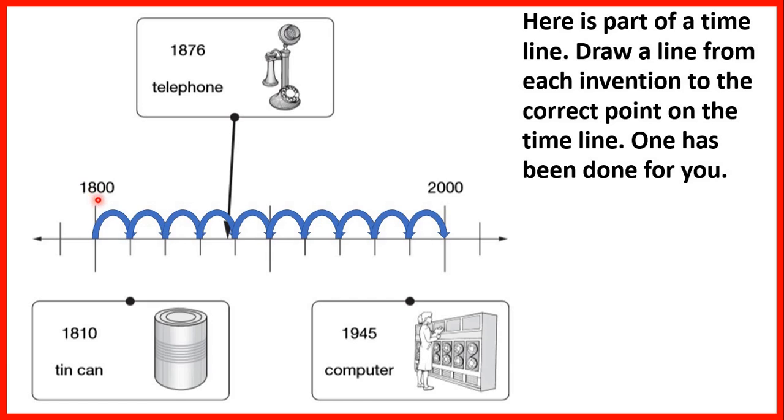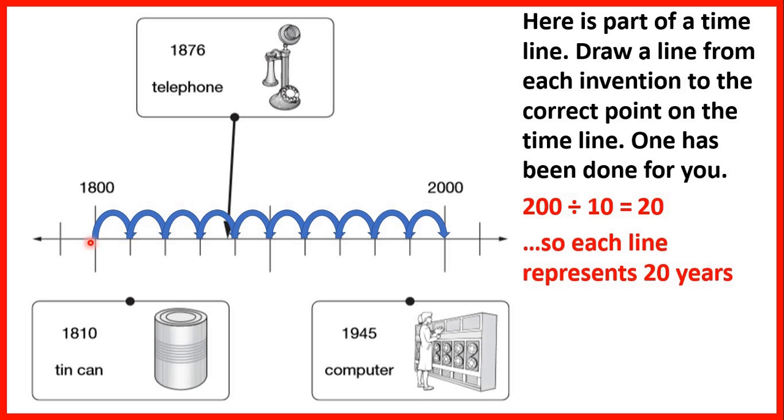Now the difference between 1800 and 2000 is 200. 2000 is 200 more than 1800. And because we made 10 jumps, we can divide 200 by 10. And because that's 20, that tells us that each line on our timeline represents 20 years.